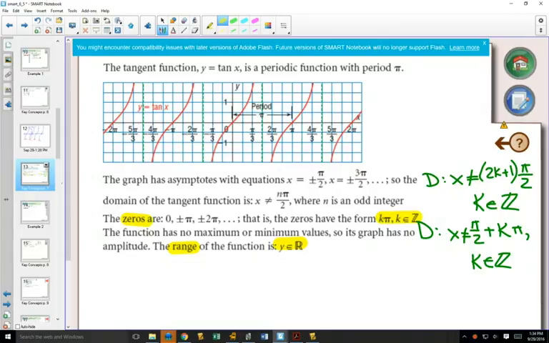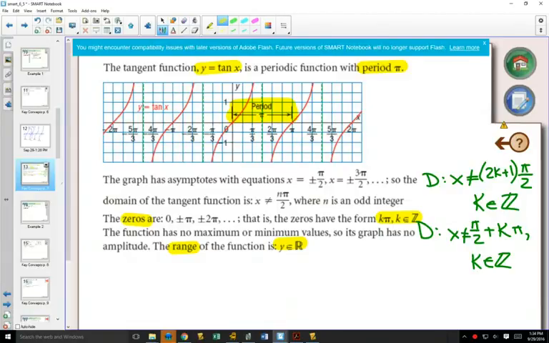The period of sine and cosine is 2 pi. The period of tan is just pi. The period is how long it takes to repeat itself.